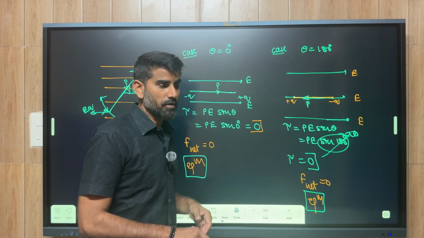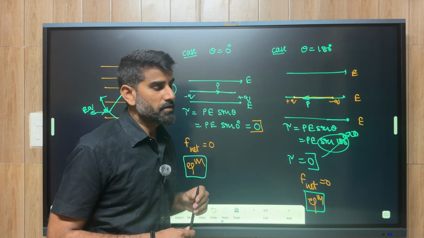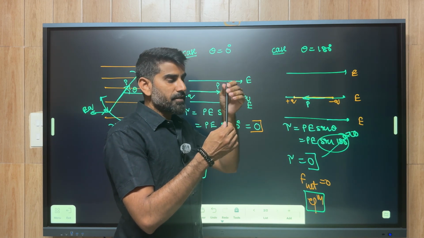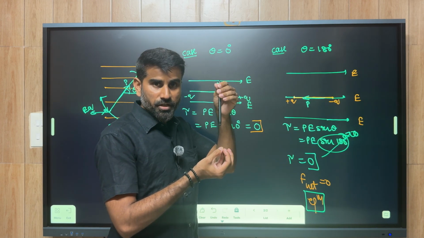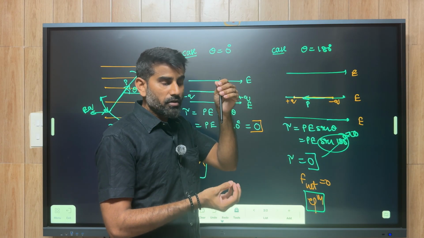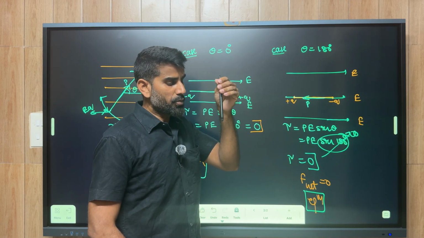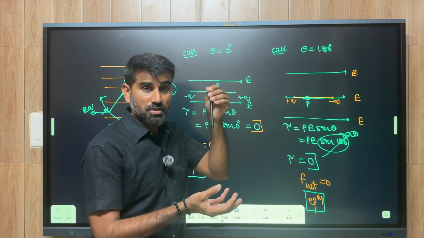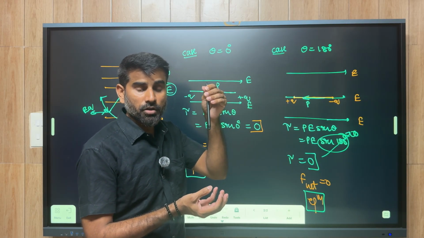It is something we might have learned, the stable equilibrium concept of a spring. Let us take a spring, attach a body, and slowly lower it. At some point it will be in equilibrium. Now let us identify whether the position of the object is in stable equilibrium or not.